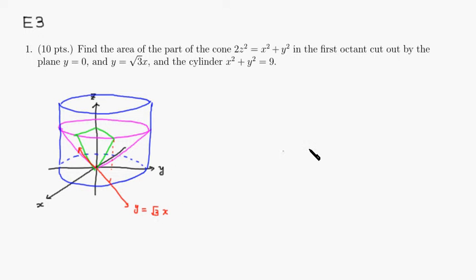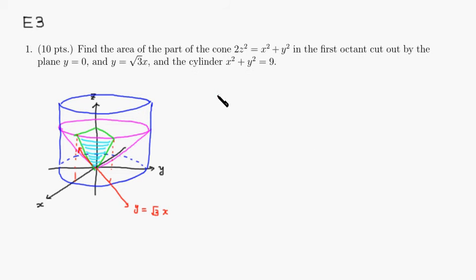So you can see that the surface we're interested in is the surface here, and if you project this down, it's going to be here. So you're cutting by the xz plane, and then by a plane which is y equals square root of 3x.